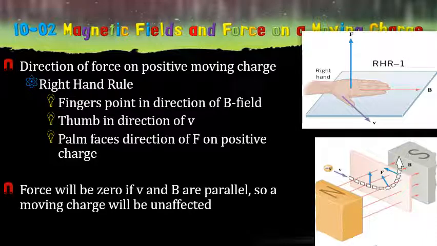The force will be 0 if the velocity and the magnetic field are parallel, because sine of 0 is 0. So a moving charge would be unaffected. So we have to have some component of the velocity of the moving charge be perpendicular to the magnetic field.